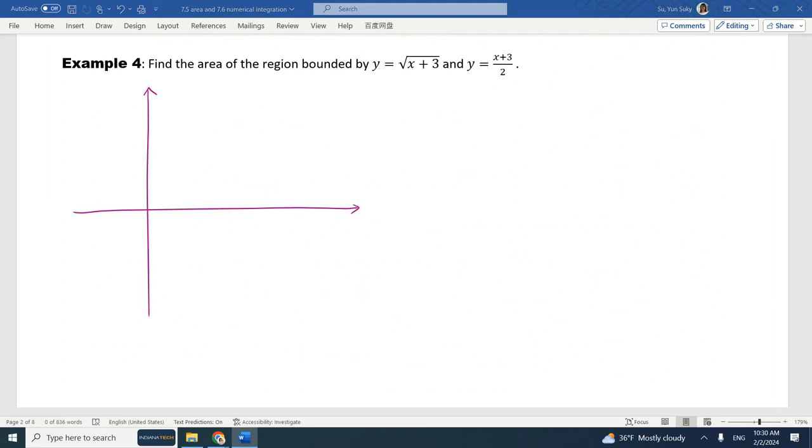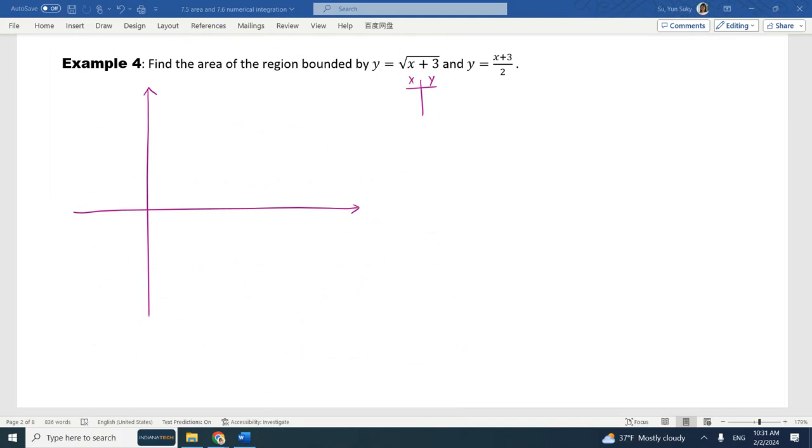Okay, think about it. So this x and y, square root of x plus 3, plot integer points. What is the smallest x you can do? What is the smallest x? Smallest. -2.